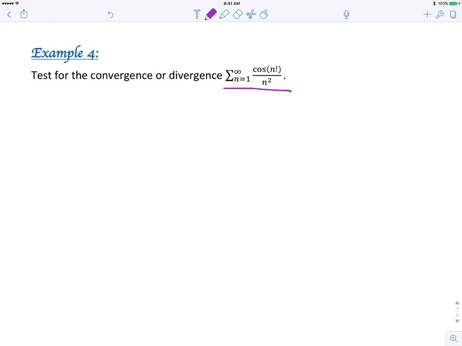So let's look at absolute convergence for this series. I know that cosine n factorial over n squared in absolute value is less than 1 over n squared, right? Because the cosine is always less than or equal to 1. And this series converges.